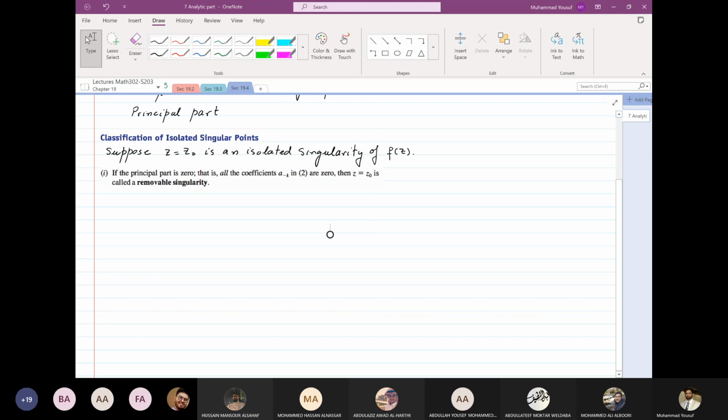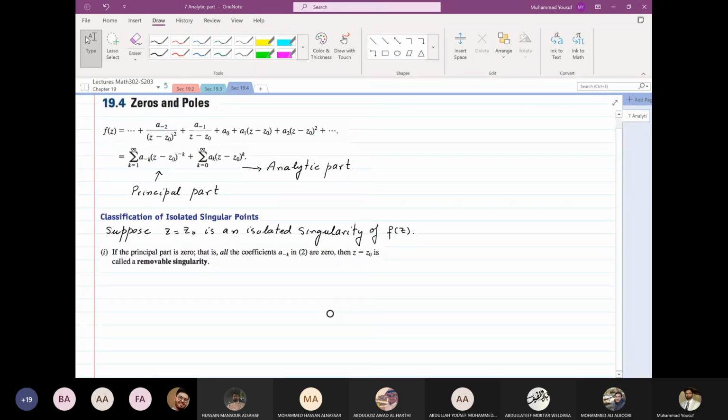If the principal part is 0, that is all the coefficients a sub negative k in equation number 2 are 0, like I gave you the example of sine z over z, so there is no more principal part, only the analytic part is there, then we say that it is a removable singularity.